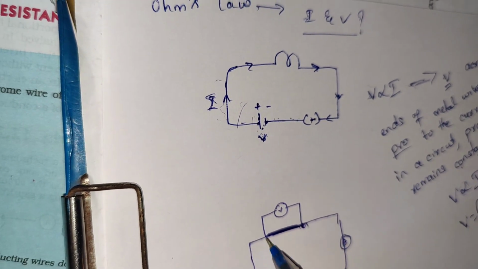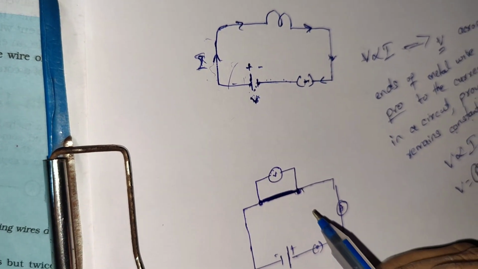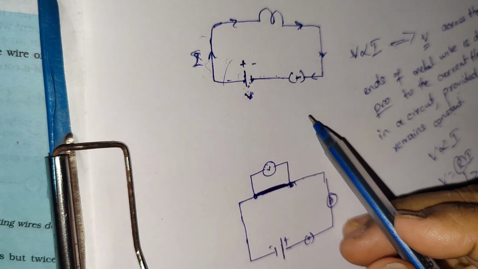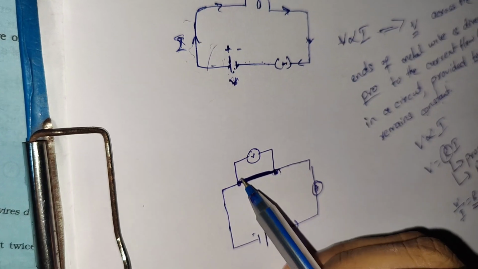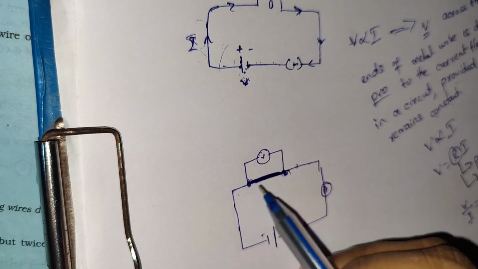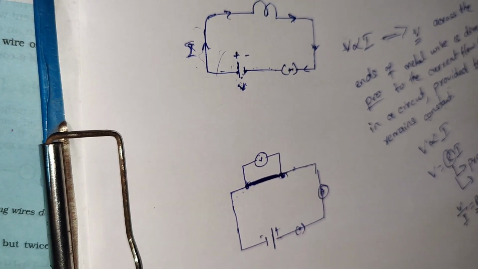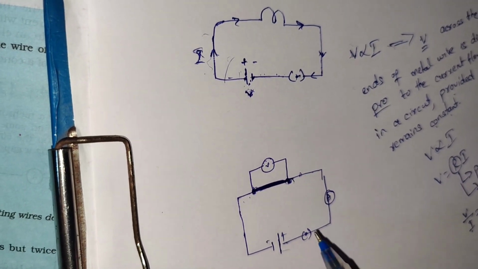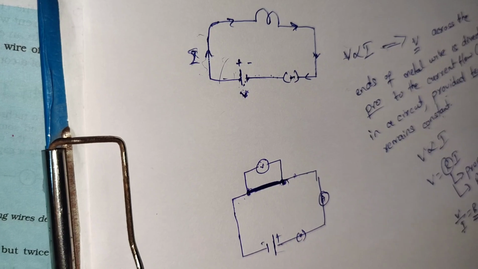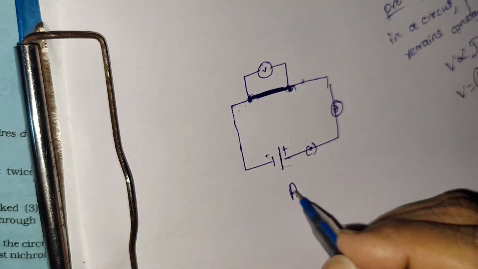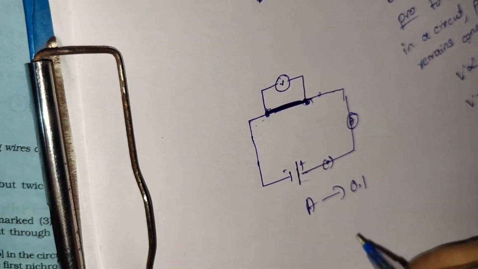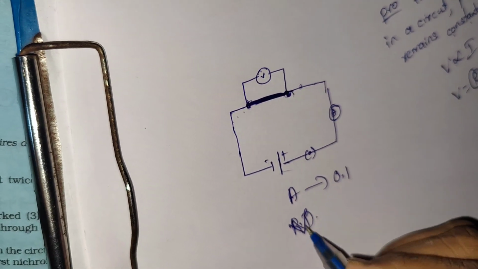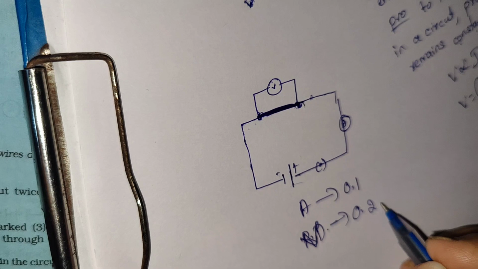These are the two terminals where potential difference is generated. The voltmeter is used to measure the potential difference. We find the potential difference at the ends of the nichrome wire. In case 1, there is only one nichrome wire and only one cell. So here we can see the current is 0.1 ampere, and the potential difference may be 0.2 volts.